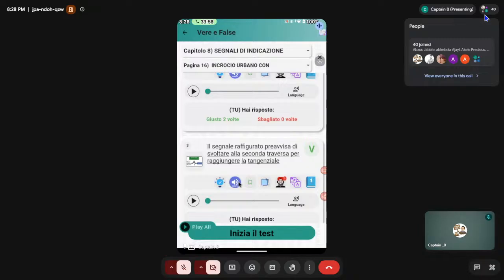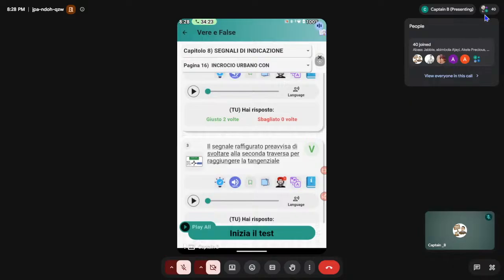All right, now listen. First one is this. It didn't say proseguire dritto. It didn't say you should proceed straight. But it says seconda traversa, the second turning. Now, if you look, the first one is this one, the second one is that one, the third one is your left, okay? So it's not like proseguire dritto.